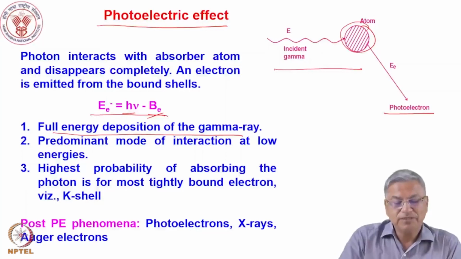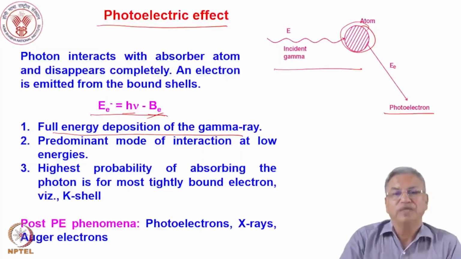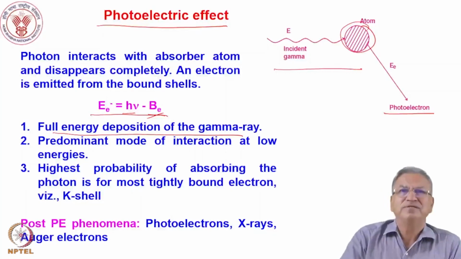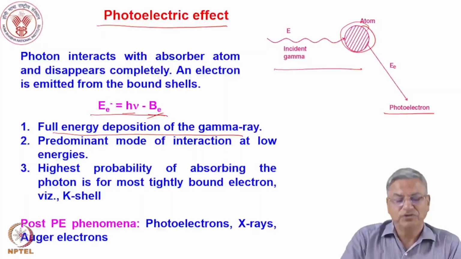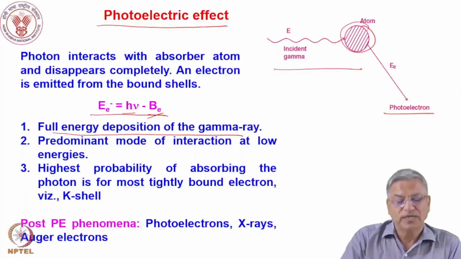The photoelectric effect is the predominant mode of interaction at low photon energy. As we will very soon see, the cross-section for this process depends on the energy of the photon and the Z of the absorber material. And as I mentioned, for momentum conservation, the shell closest to the nucleus is excited, so the electron coming from the K shell has the highest probability.